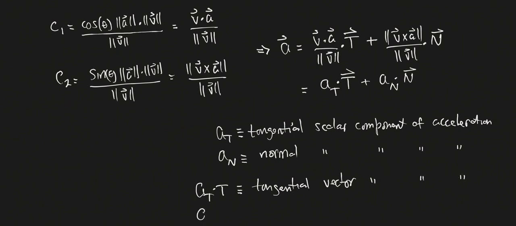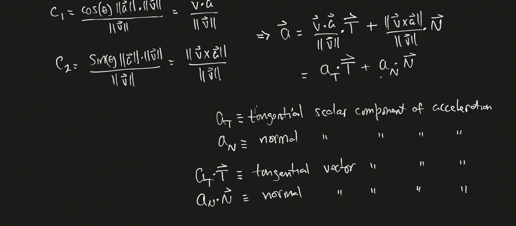And then when you have your a sub N times N, let me put the harpoon on those, that's the normal vector component of acceleration, right? So it allows us to break up acceleration in terms of T and N.